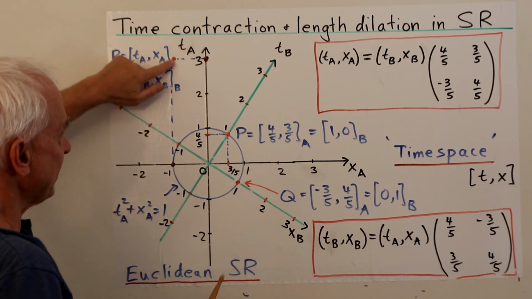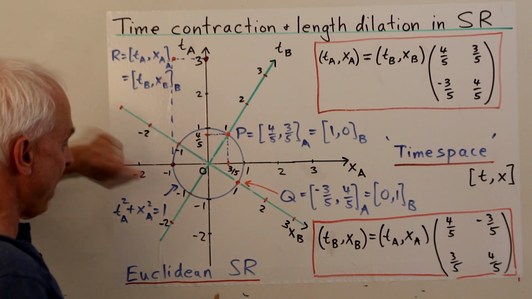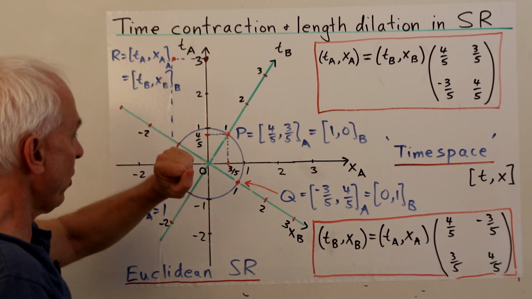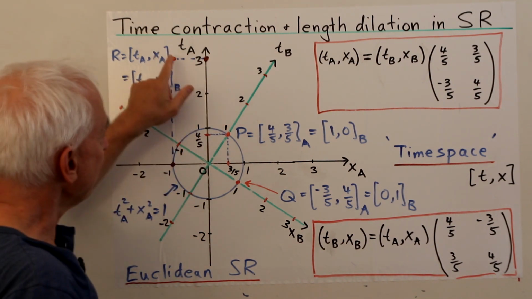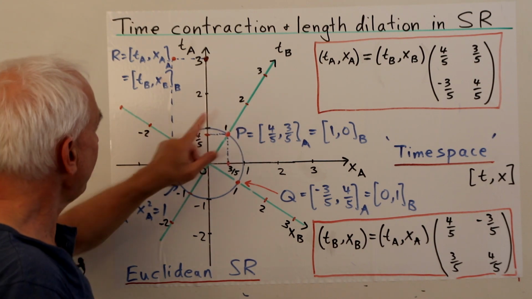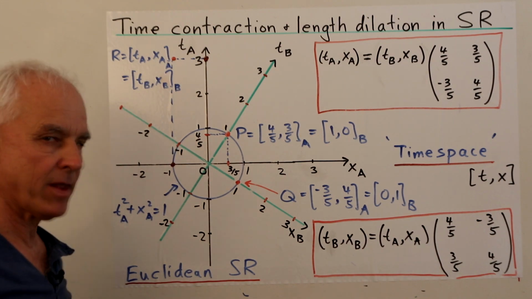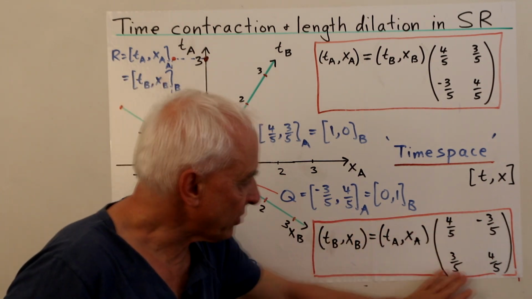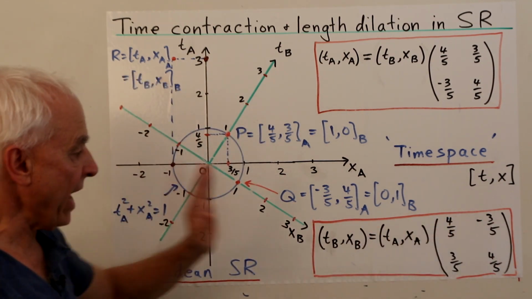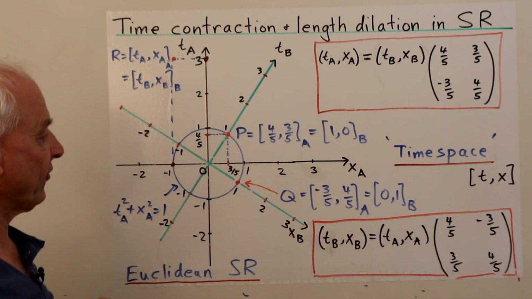Okay, so this point here has coordinates 3, -1 in the A system, has coordinates, what did we say? 9/5 and -13/5 in the B system. And this matrix here allows us to go from A coordinates to B coordinates completely consistently.